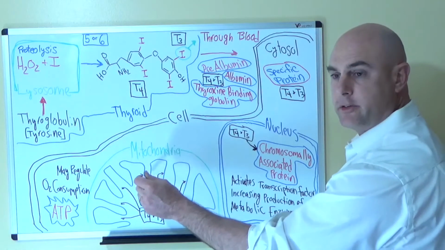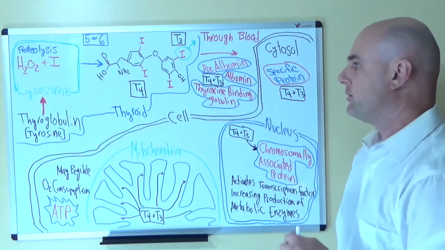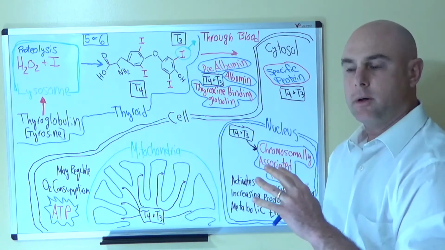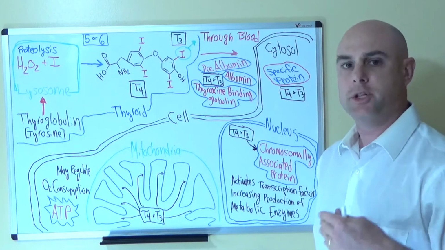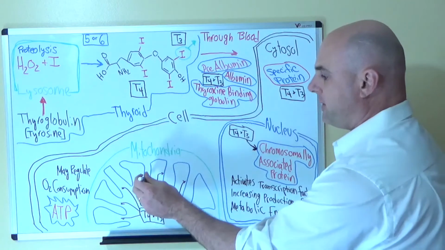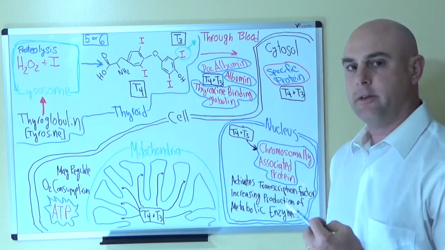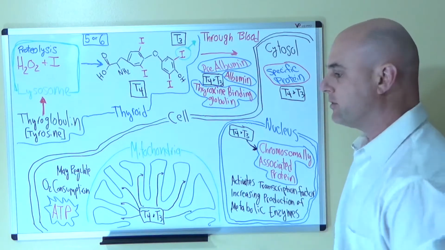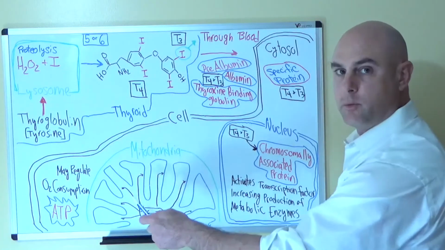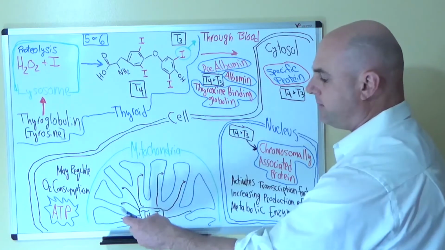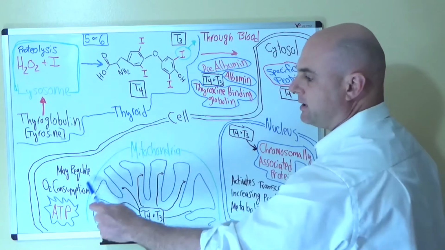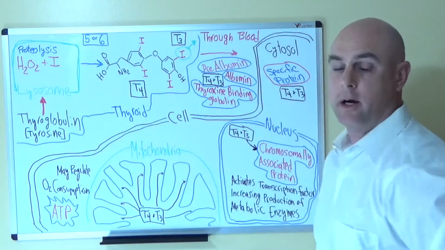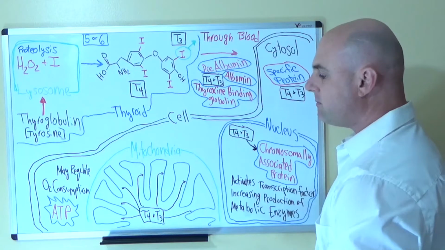Now, the mitochondria exist in aerobic conditions. Most of the other parts of the cell in our body function anaerobically, but the mitochondria is one place in the cell that needs oxygen. And this is what's speculated here for these T4 and T3 receptors: that they may regulate oxygen consumption.